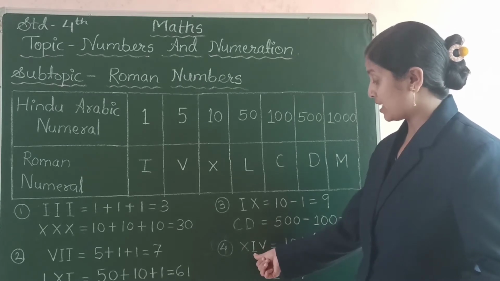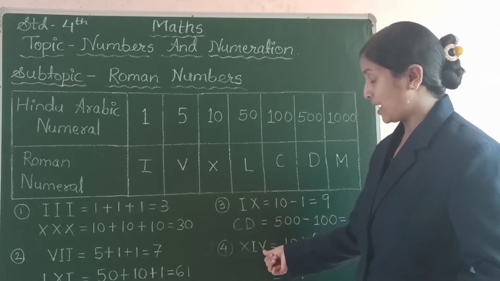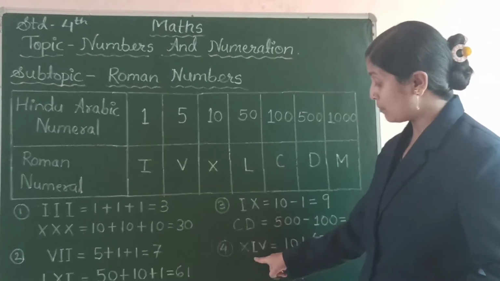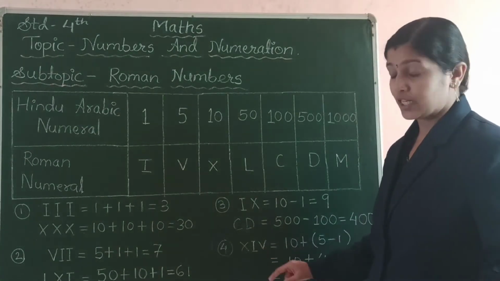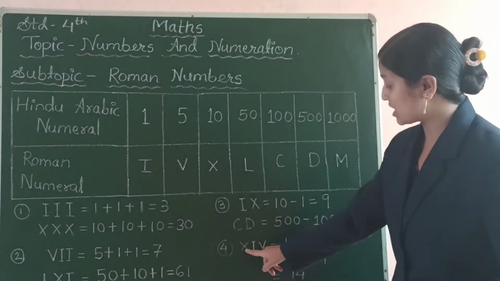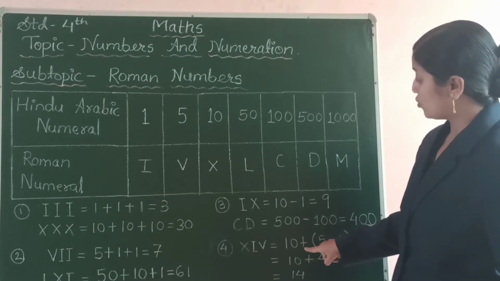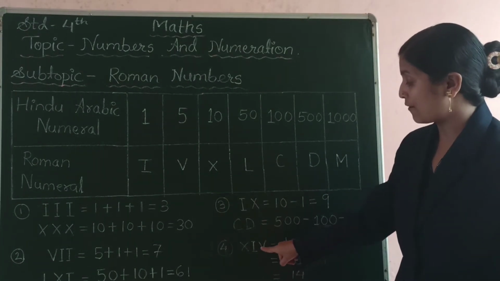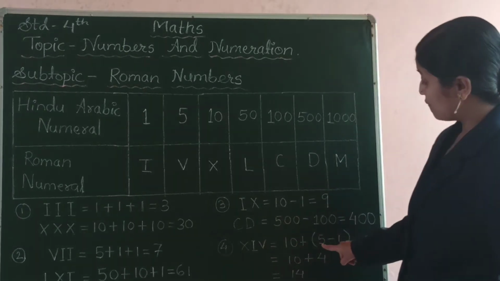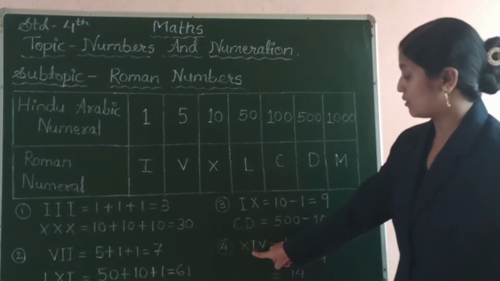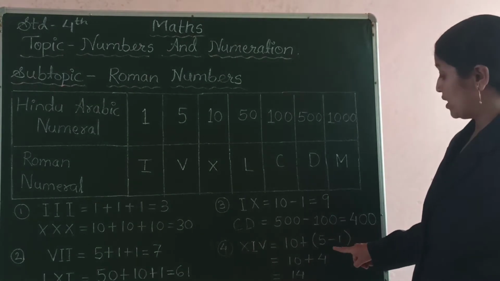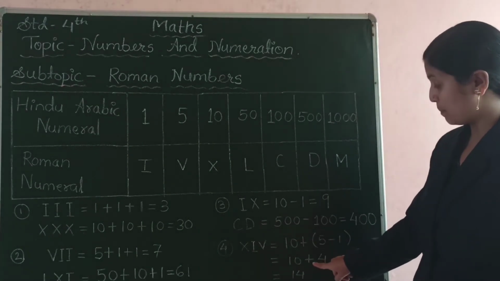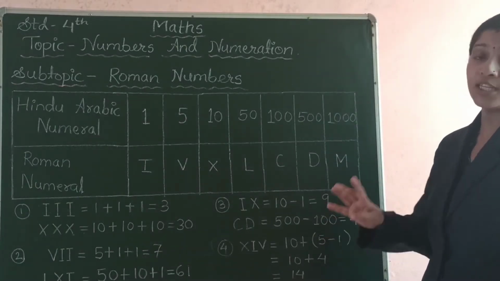Here you can see to the right side of I we have V. So I will be subtracted from V. So what we will do? X, that is 10, will be written as it is. You have to do plus, into bracket, we have to subtract I from V. V is 5 and minus the value of I, that is 1. So 10 as it is, plus 5 minus 1 is 4.